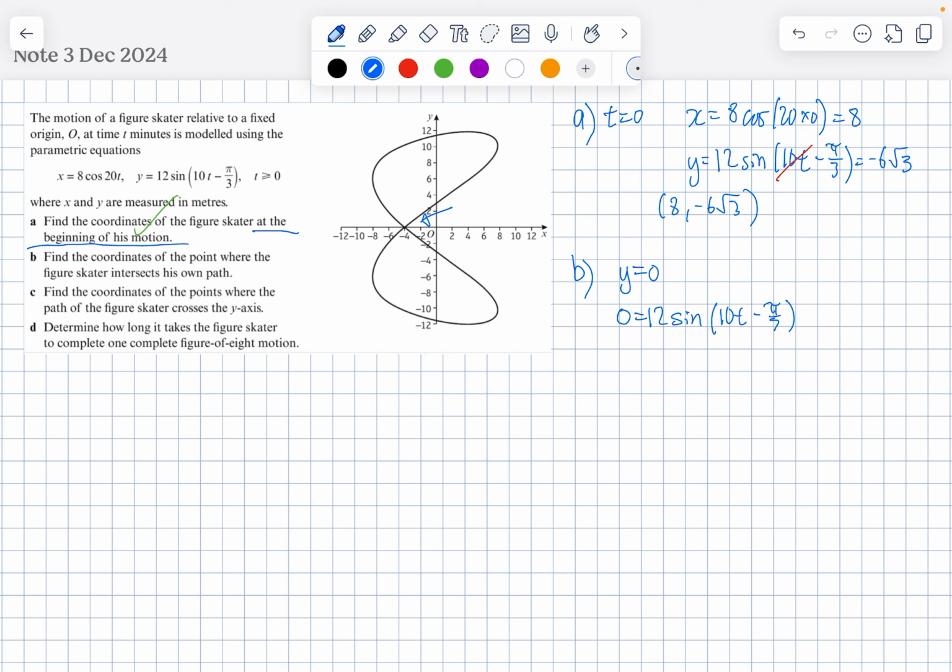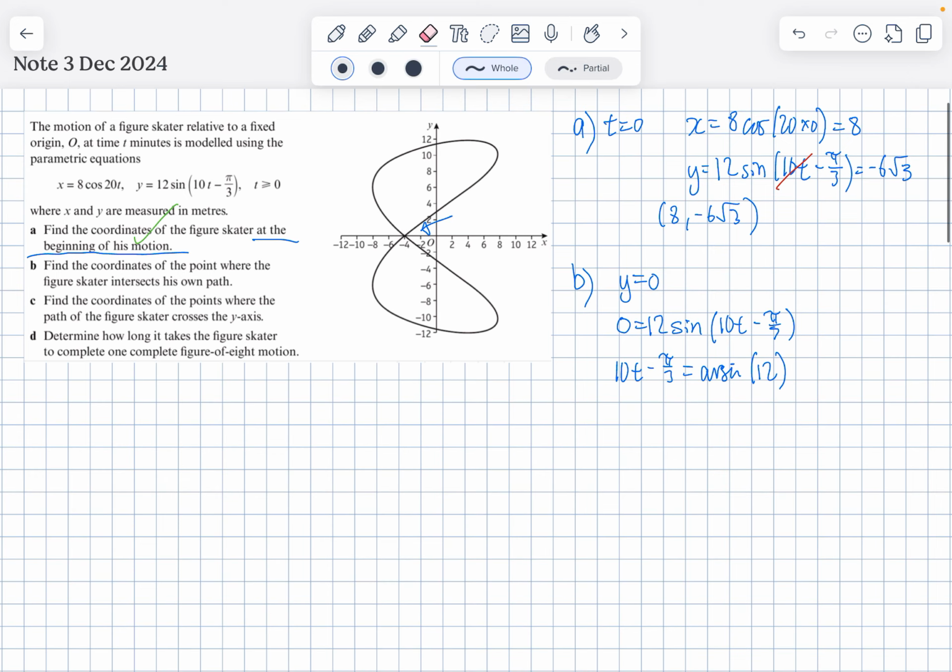Okay, and then that means that our 10t minus pi over 3 is equal to arc sine of 12, oh no, sorry, of 0. Okay, and that tells us that 10t minus pi over 3 actually equals 0, pi, 2 pi.